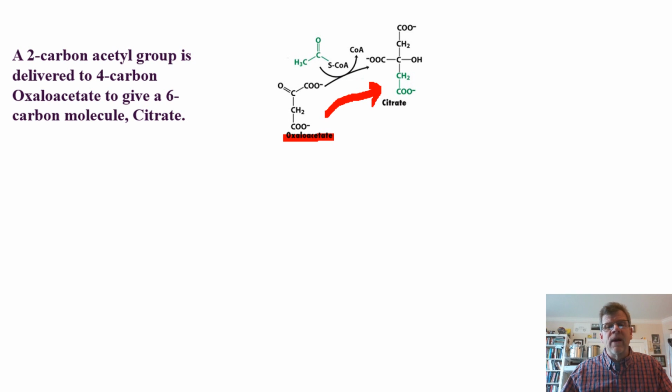In order to do that, our 6-carbon citrate has to go all the way around and lose 2 carbons, those 2 carbons in that acetyl group, to become, again, oxaloacetate. Those 2 carbons we're going to find are all lost as carbon dioxide. So ultimately that 3-carbon pyruvate is completely catabolized to 3 carbon dioxide molecules, and at the end of all this, we reform that 4-carbon oxaloacetate molecule.